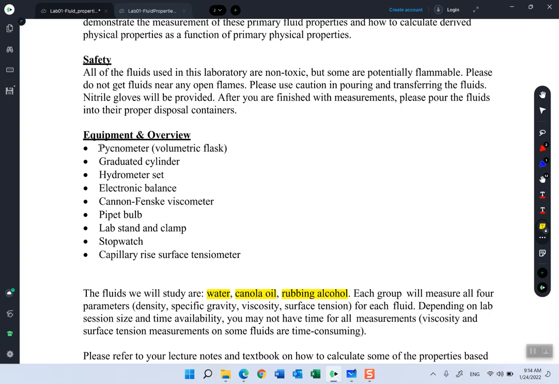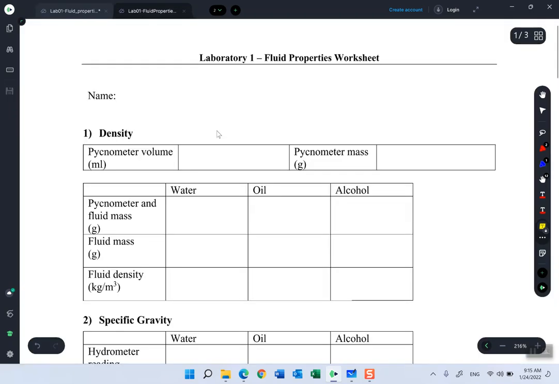So this lab will be divided into 2 parts. In the first part, I will try to explain the concept behind the experiment, the basic knowledge that you should have before conducting the experiment itself, and of course the second part will be performing the experiment and taking the measurements so we can calculate the properties which are required in the worksheet that you have.